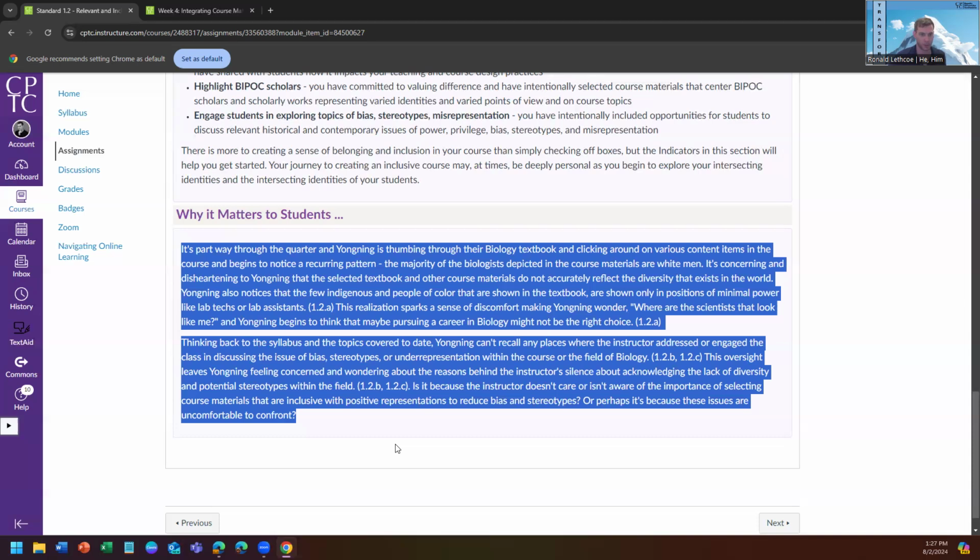Yongning also notices that the few indigenous and people of color that are shown in the textbook are shown only in positions of minimal power like lab techs or lab assistants. This realization sparks a sense of discomfort, making Yongning worry, where are the scientists that look like me? And Yongning begins to think that maybe pursuing a career in biology might not be the right choice.